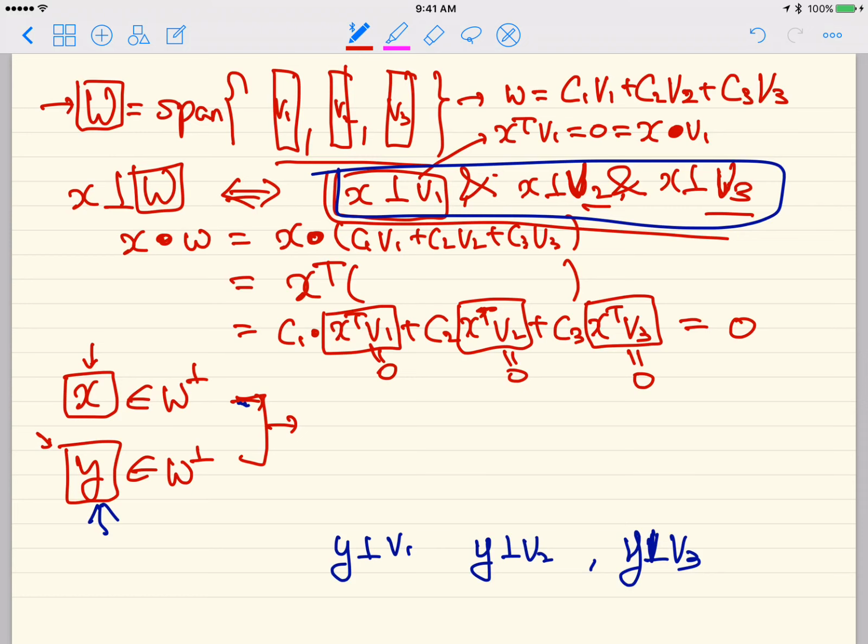Okay, then let's think about their linear combination, a1 x plus a2 y. So a1 and a2 are just 2 scalar values that form this linear combination.